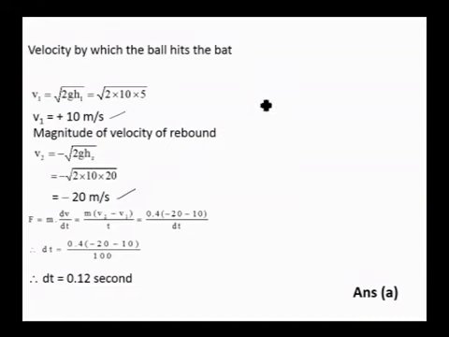In both the cases we have used v square is equal to u square plus 2as. So here F is equal to m into dv divided by dt. As I told you, this is change in momentum. So they have given you the mass, times minus 20 minus 10 divided by dt. I want dt. Therefore if you solve this, you will see that it is 0.12 second, and the option there is A.